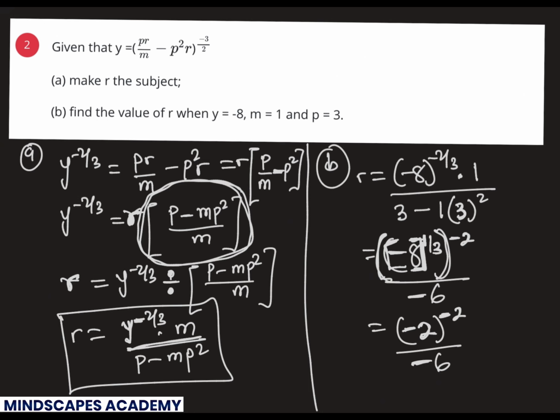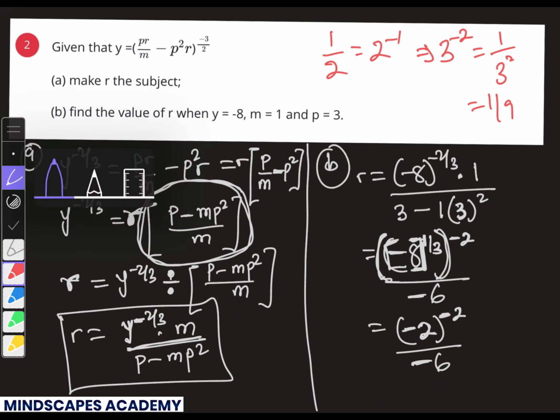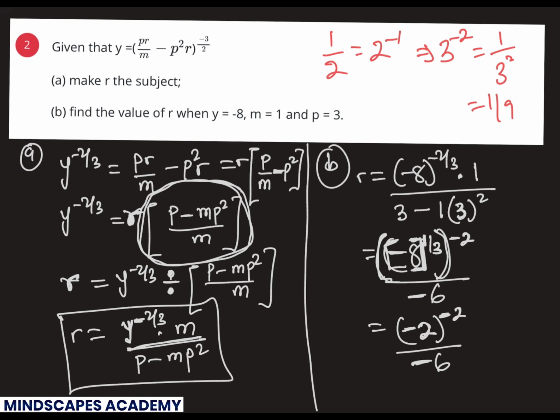Now, how do you solve this? Another thing you should know is 1 divided by 2 is 2 to the power -1. So that implies 3 to the power -2 is 1 divided by 3 squared, which is 1/9. So, with that knowledge, you know that -2 to the power -2 will be 1 divided by -2 all squared, then divided by -6.